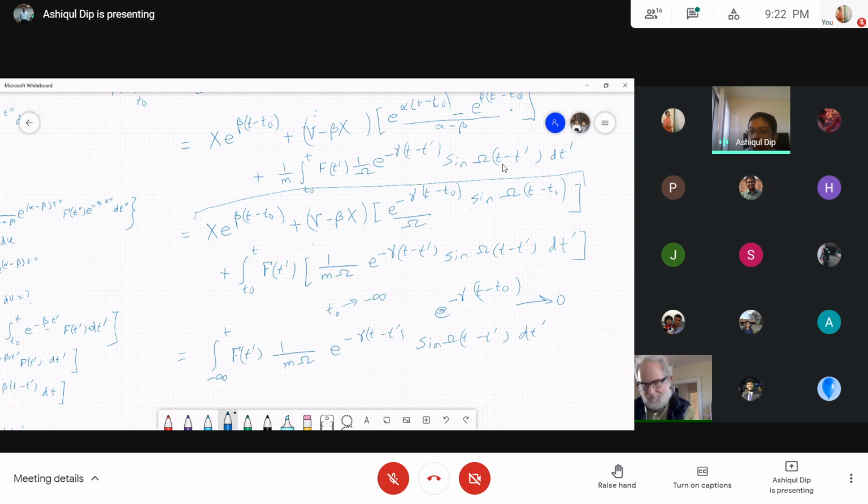It also makes sense because the boundary terms tell us the initial velocity and initial position at t equals t naught. But those are a consequence of all the history that has been going on over the course of time. Like you have been pushing a little bit every time, and you're contributing to that x naught and v.